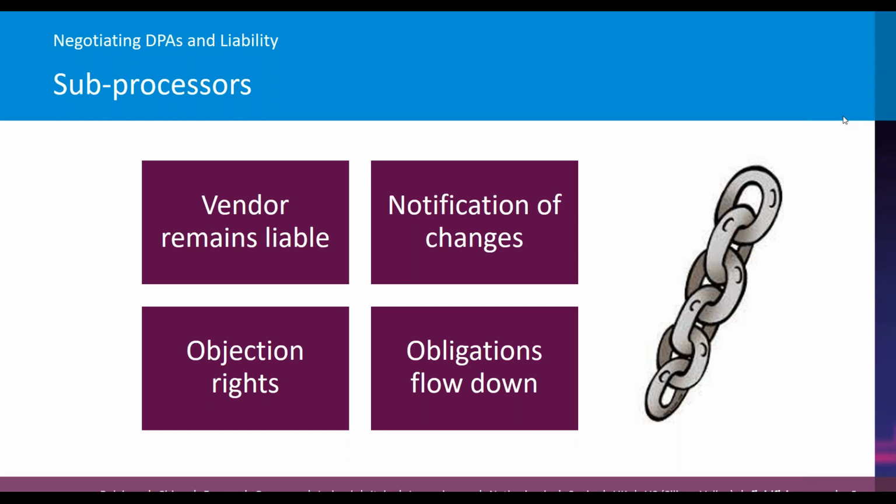Now, that might be what the requirements are at a high level, but the law doesn't specifically say what level of notice the customer or the controller should be provided, and what happens if the controller isn't happy and wants to object. So that's where the devil of the detail really comes out. Think about how much notice your vendor is going to give you around changes in sub-processors.